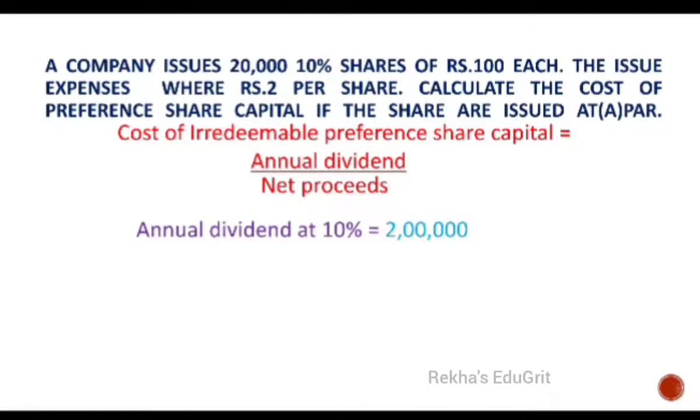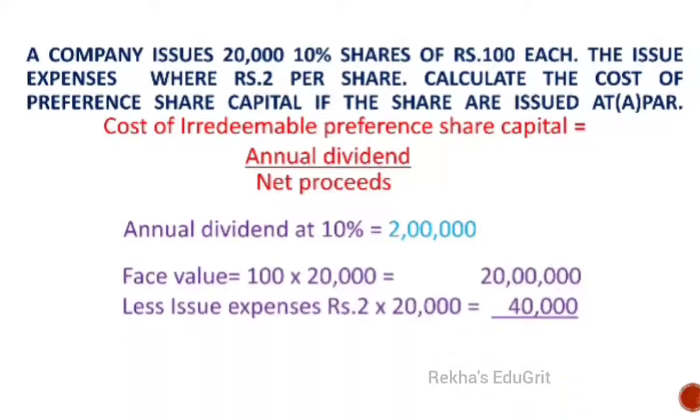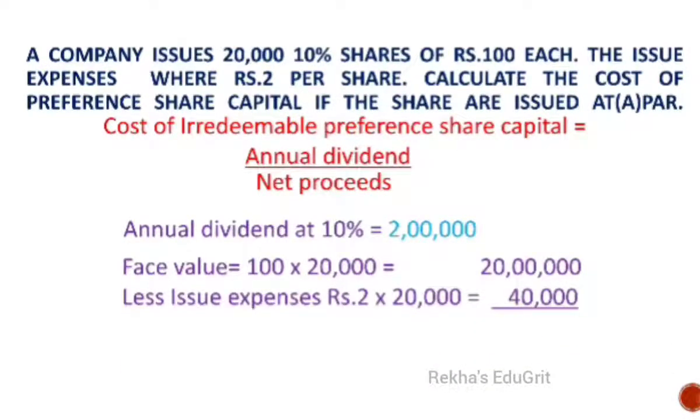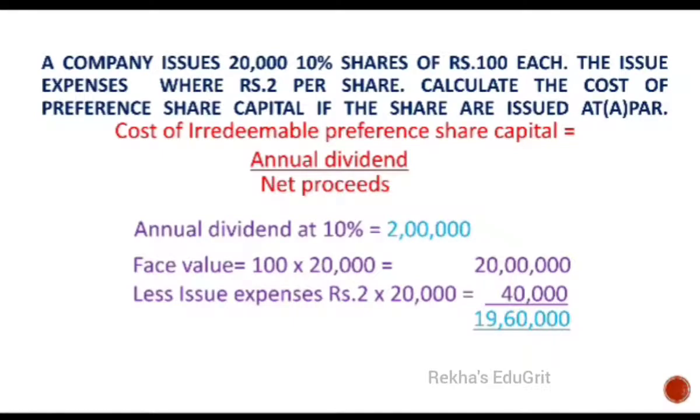I have already explained, if the issue expenses are given, then we have to subtract them from the face value. So to calculate net proceeds, we subtract issue expenses from the face value. Here the face value is 20 lakhs, and from that we deduct issue expenses of 40,000, and we get 19 lakh 60,000.